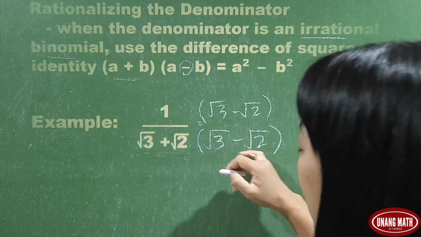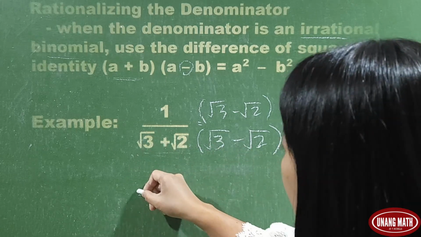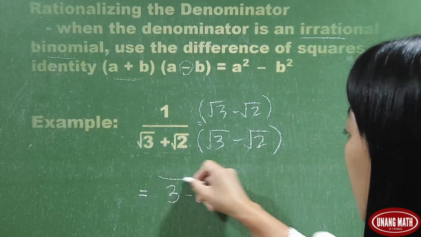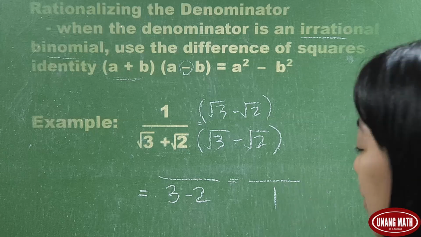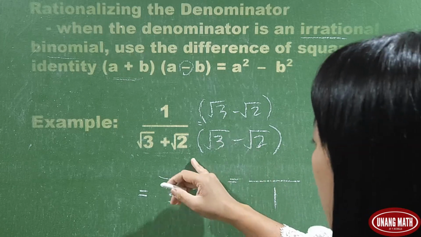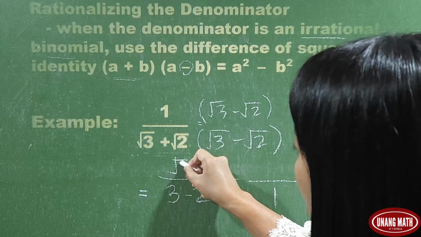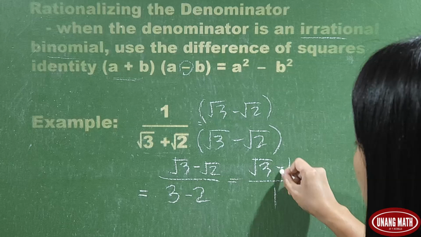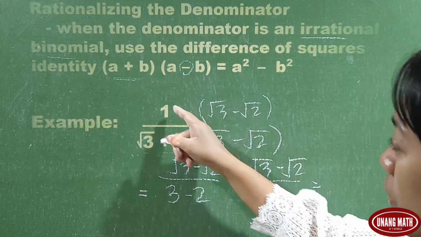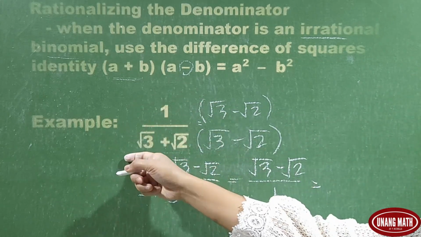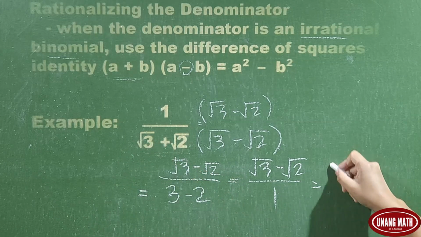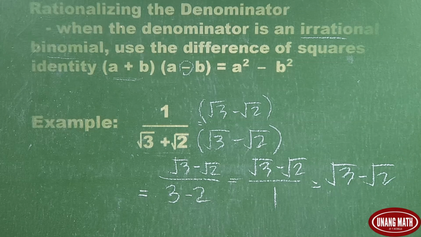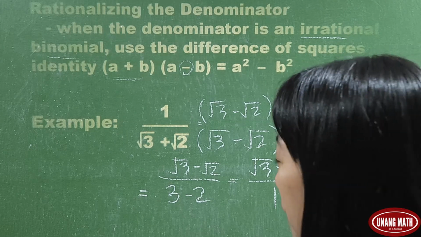So this denominator then would be 3 minus 2. And 3 minus 2 is 1. Okay, what about our numerator? So numerator is square root of 3 minus square root of 2. So the result, when we rationalize the denominator of this fraction, then is square root of 3 minus square root of 2.